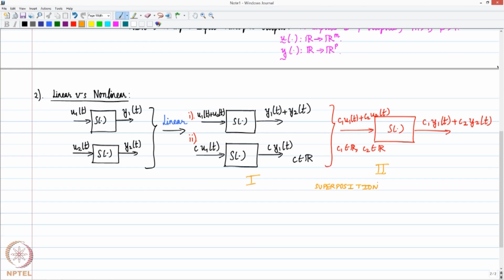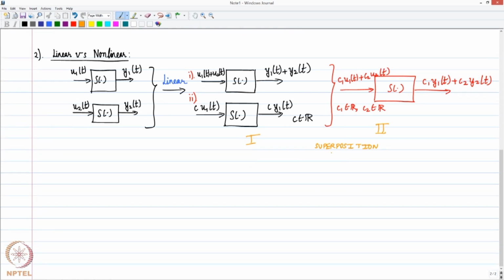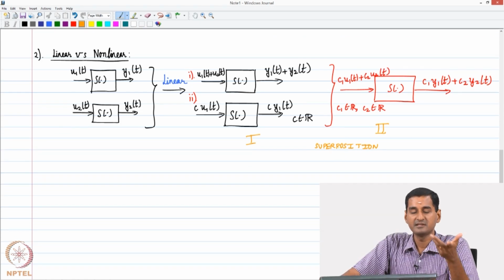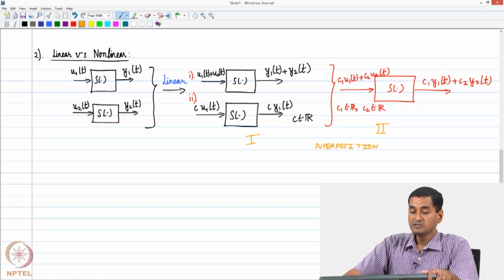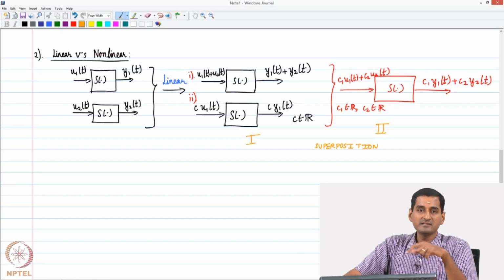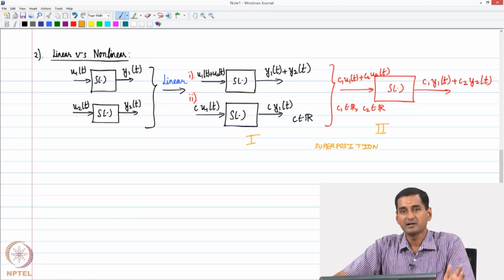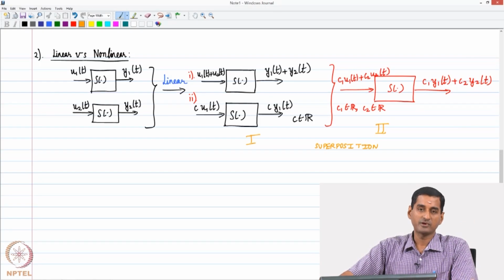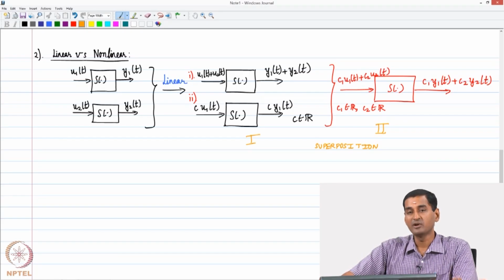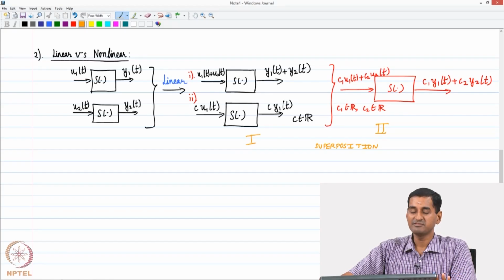So, essentially a linear system satisfies these conditions, right. Of course, we would see that in reality, most processes, most plants, most systems are going to be non-linear, right. So, linearity by and large, we would realize when we work with practical problems, is going to be an approximation of reality, which should be kept in mind. Okay.